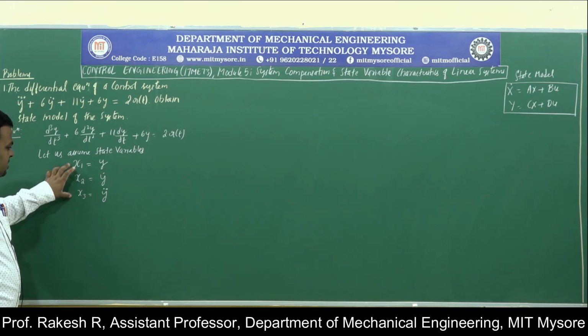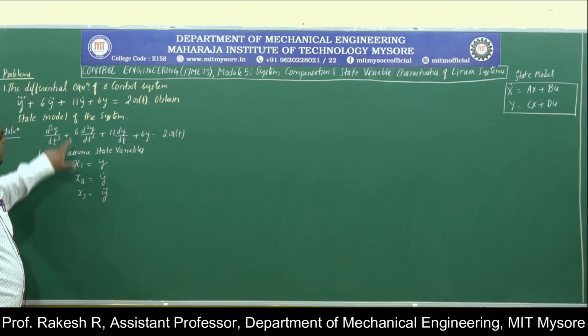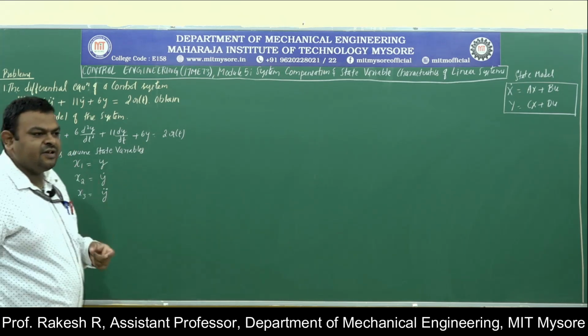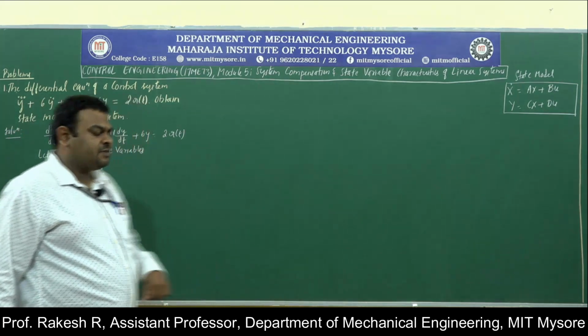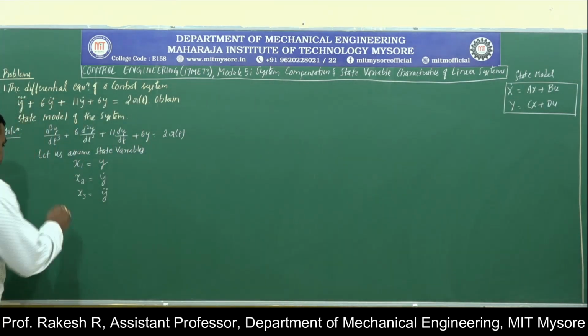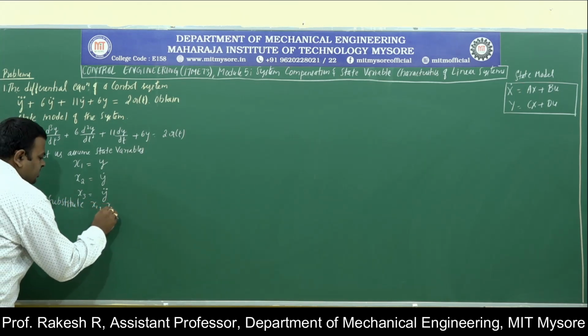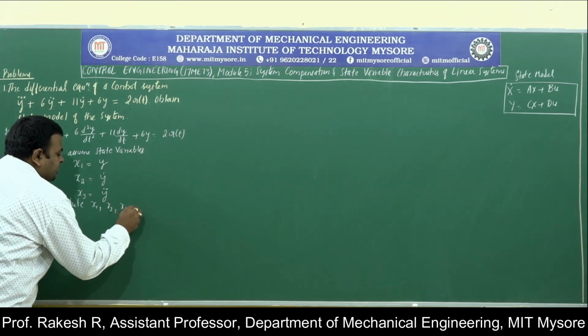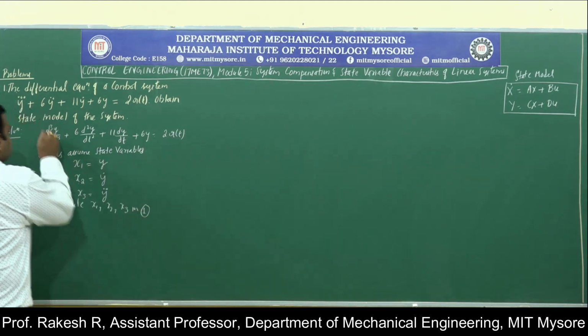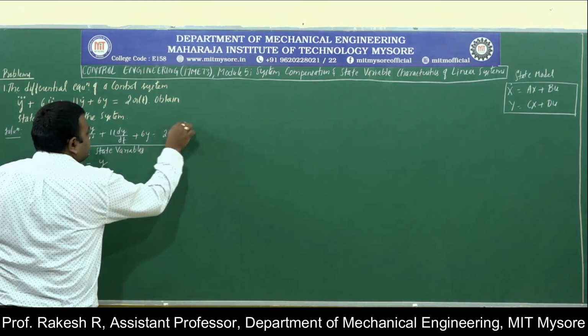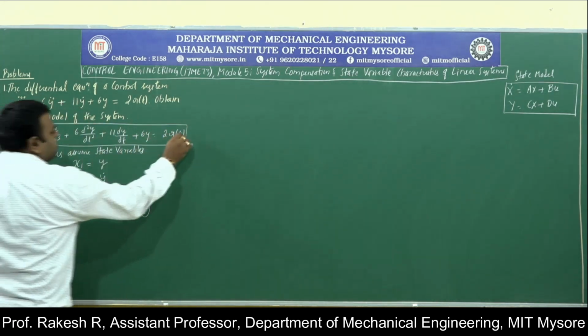After assuming this, we have to substitute into the differential equation given in terms of state variables. So I will substitute x1, x2, x3 in this, which I will call equation 1.